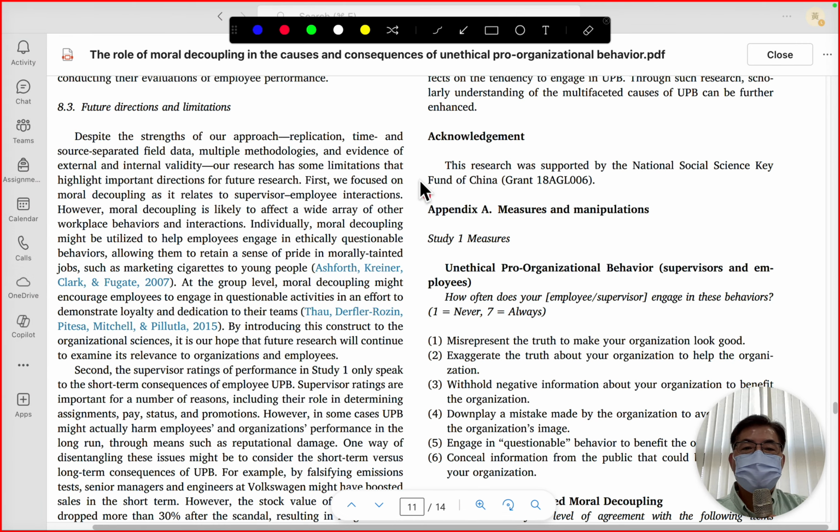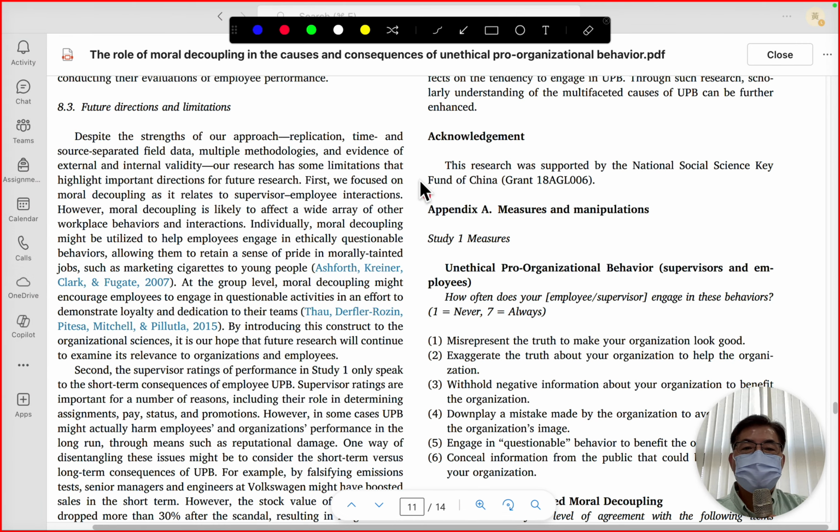The title is Appendix, right? It mentioned the measures and manipulation. I will not talk about manipulation right now. It's another concept, and I'm not sure you understand what manipulation is. I will explain that in a future class.